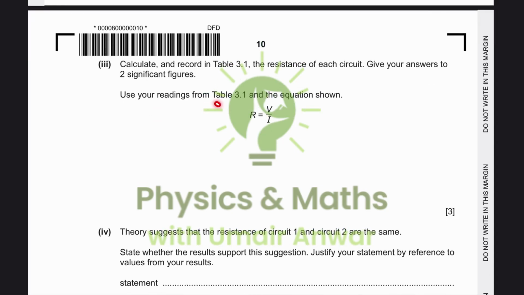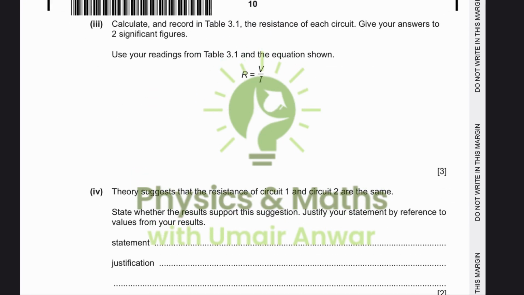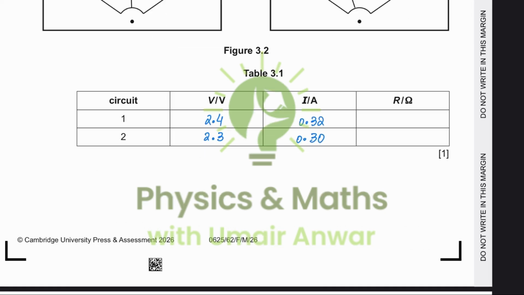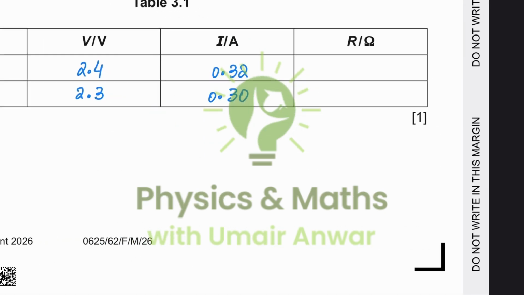So use your readings in table 3.1 and the equation shown, R is equal to V upon I. For circuit 1, we have 2.4 divided by 0.32. And for circuit 2, we have 2.3 divided by 0.30.